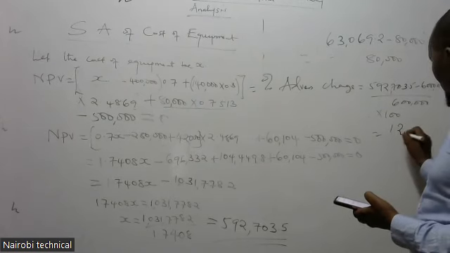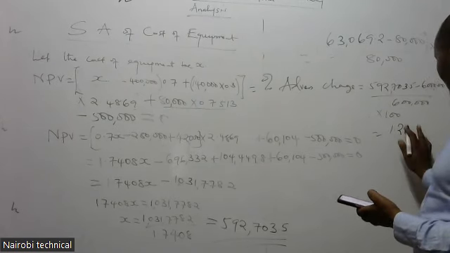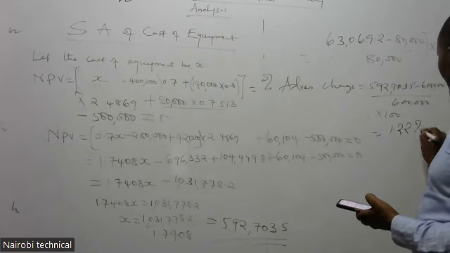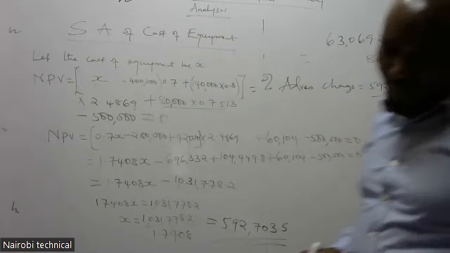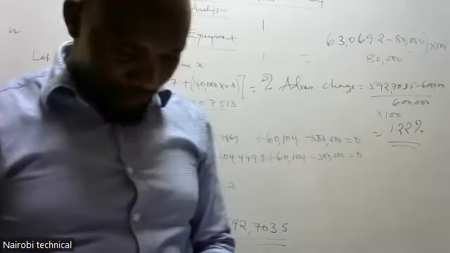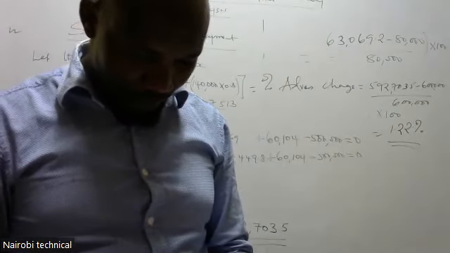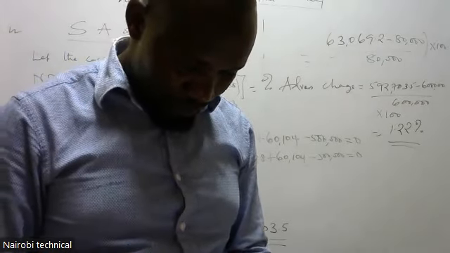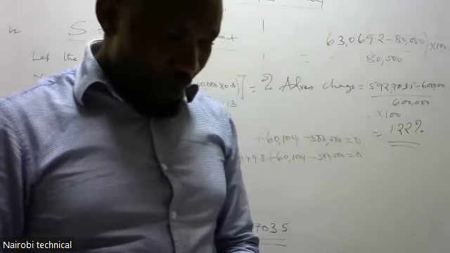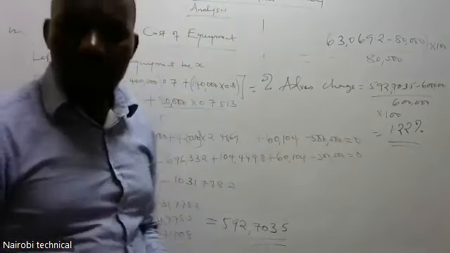It's 1.21, about 22%. 1.22%. Yes, you can round off.